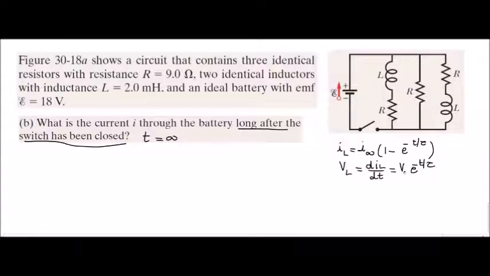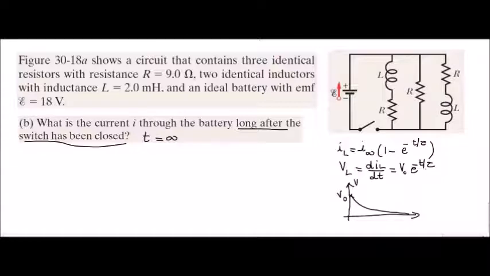V naught, let's say. Well, in a simple RL circuit, I infinity is just E over R, and V naught is E. But in a complex circuit, that's not the case. But what we can see is that the current starts from 0 and rises up. What about the voltage? The voltage starts from a certain value and decreases exponentially.